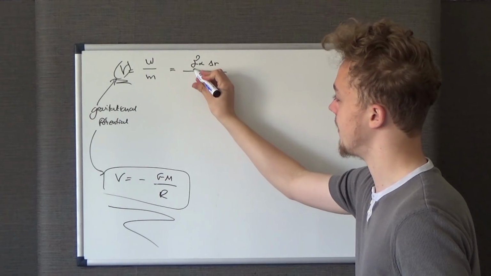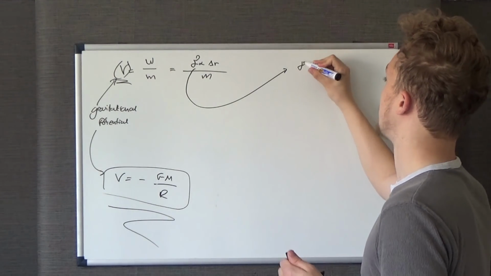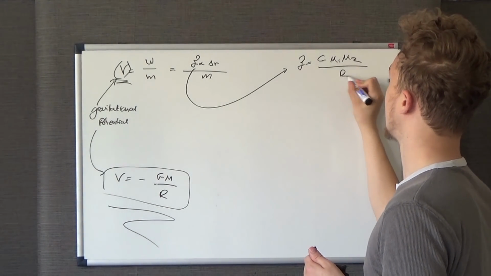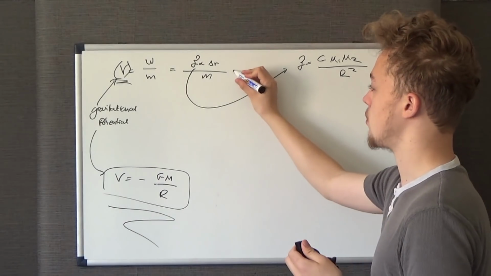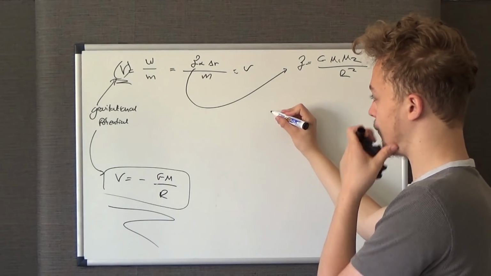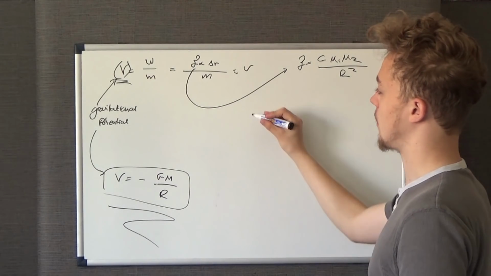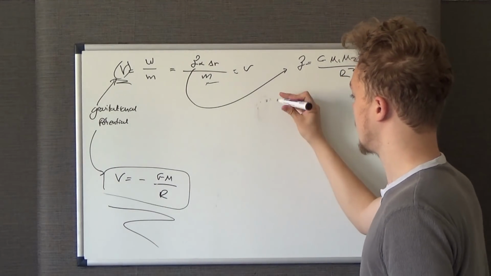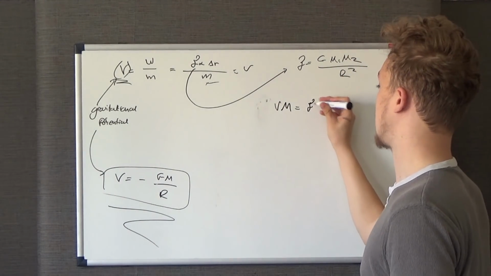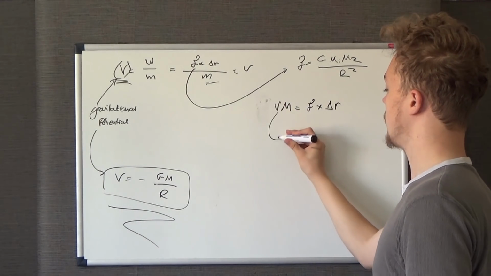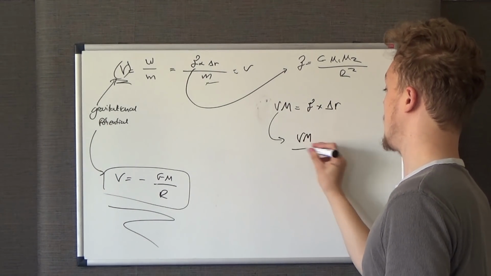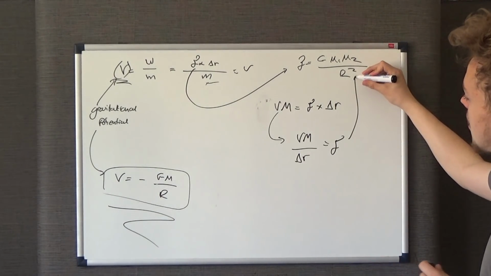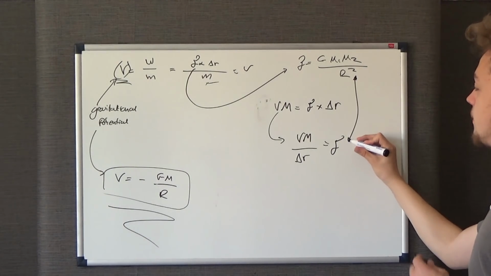Now, we know that this F here is the force. That force, remember, is equal to GM1M2 over R squared, and this is equal to V. So if we rearrange this to get F, we multiply both sides by M, so V times M is equal to F times delta R. Therefore, rearranging this equation, Vm over delta R is equal to the force, and the force is equal to this gravitational force of attraction.